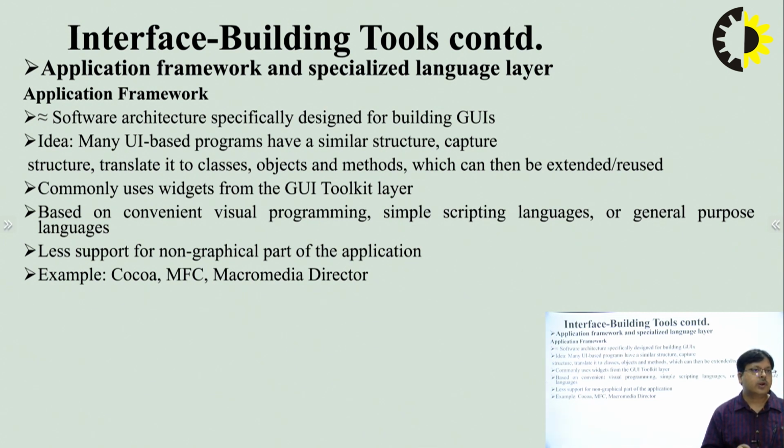So an application framework increases the reusability of the system that we have already done. If we are developing a similar kind of need, we can fulfill it with the use of earlier developed tools, right? Examples are the Cocoa model, MFC and Macromedia Director.